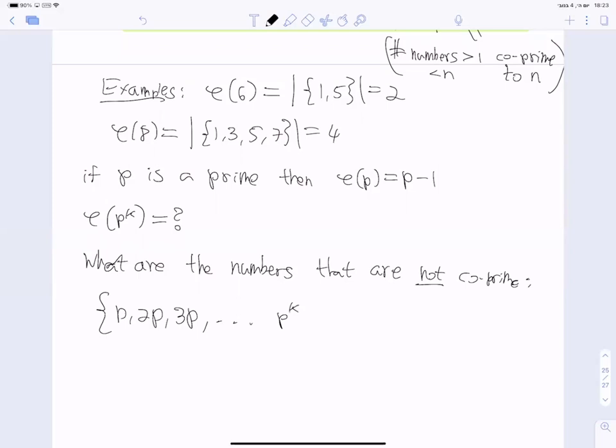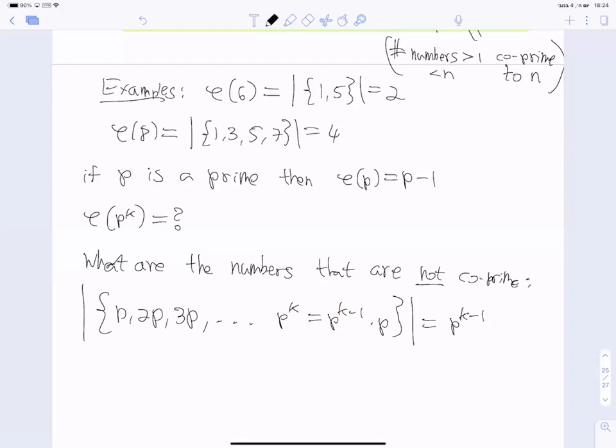The last number which can be considered is P times P to the power K minus 1. So how many elements do you have here? You have P to the K minus 1. You can count them 1, 2, 3 until this one.